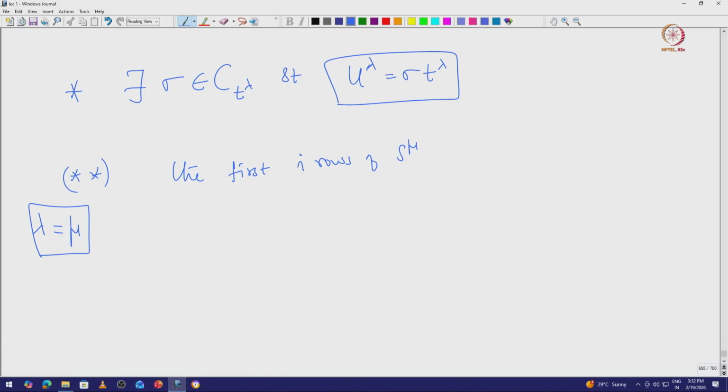In this case we assume that lambda equals mu, so the first I rows of S mu are the same as the first I rows of u lambda.